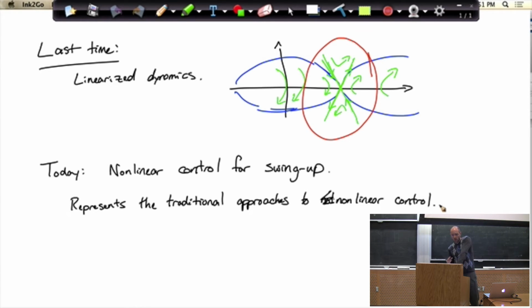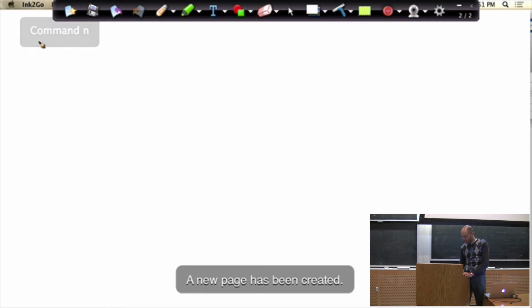But the style, the feel of how we get them is really very representative of what you'd see if you applied it to different systems. All right, so we're going to do it for the pendulum first, where we can really understand everything, and then we're going to see how it applies to the more complicated systems. Okay? So let's start by doing swing up for the pendulum.